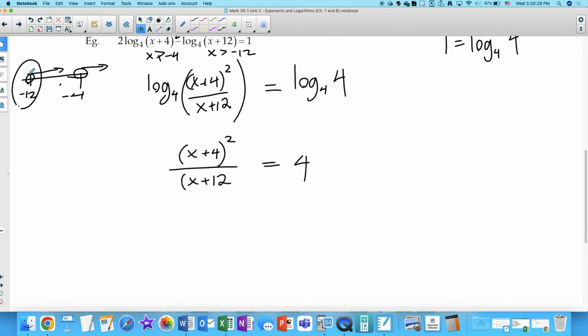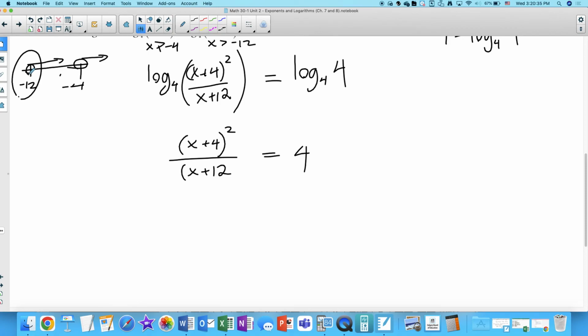Okay? But now again, we have a rational equation. So where would you start solving this guy? Yeah, multiply both sides by x plus 12. Okay, so these cancel. And now we need to expand because we're going to have a quadratic equation. So we need to expand everything, equate one side to 0, and then see if we can either factor or use the quadratic formula.